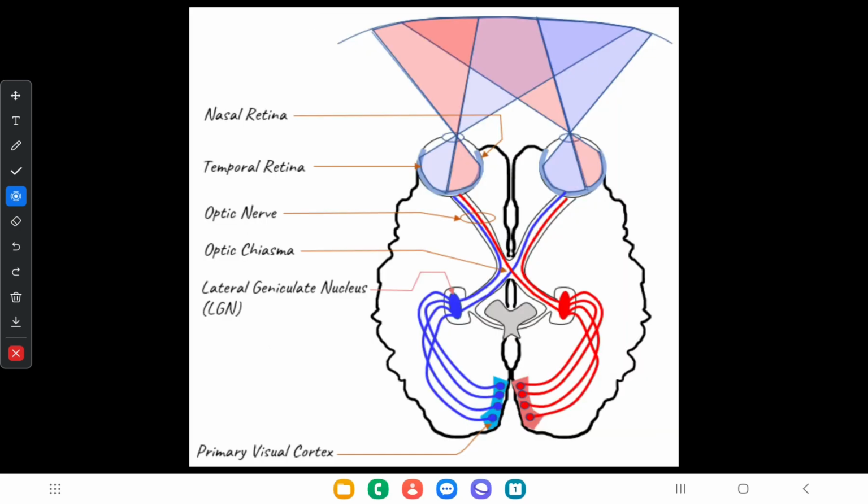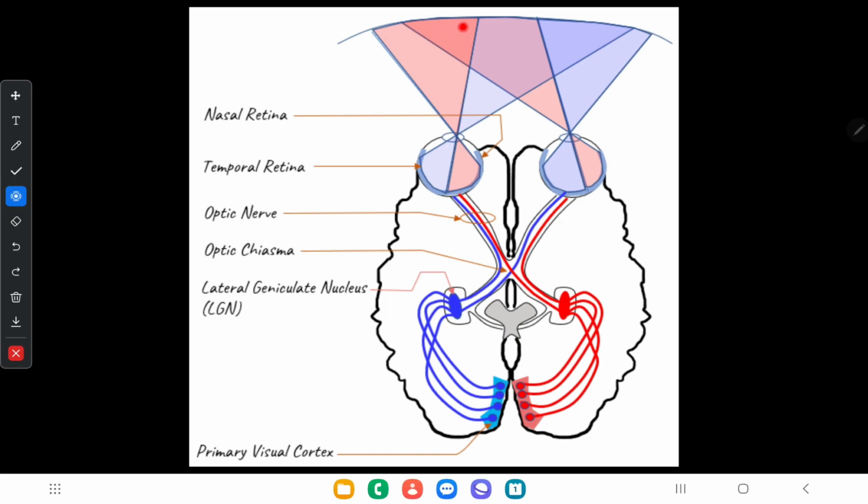Then I will talk about the relation of the field of vision to the retinal quadrants. Here, this area is the nasal retina, and this area is the temporal retina.